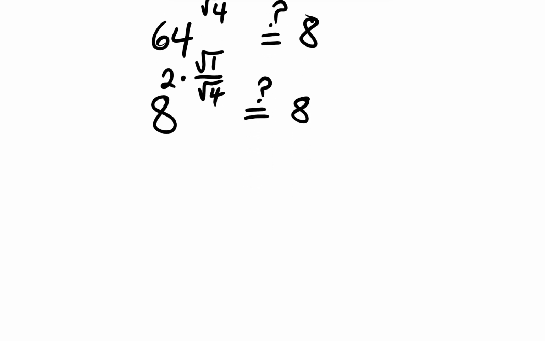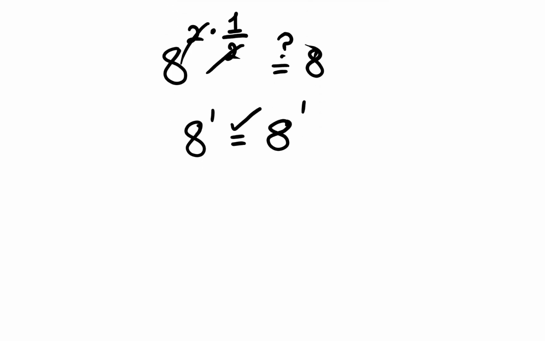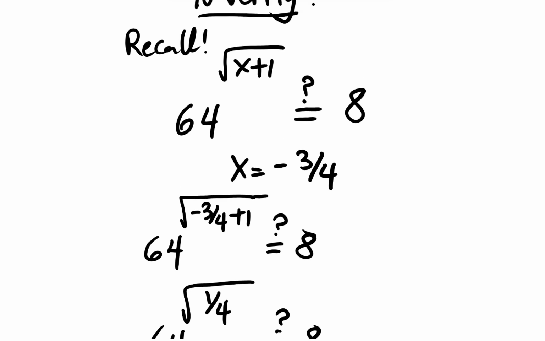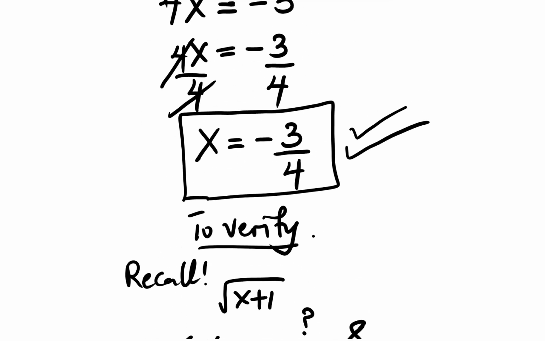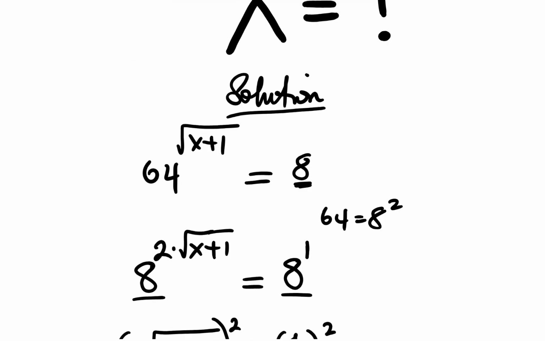Okay, so we have 8 raised to the power 2 times root of 1, which is the same thing as 1, and then the square root of 4 is 2. 2 cancels 2, so we have 8 raised to the power 1 equals 8 raised to the power 1. Therefore, we see that our left-hand side is equal to our right-hand side. Therefore, our value of x, which is minus 3 over 4, is the correct answer to this problem.